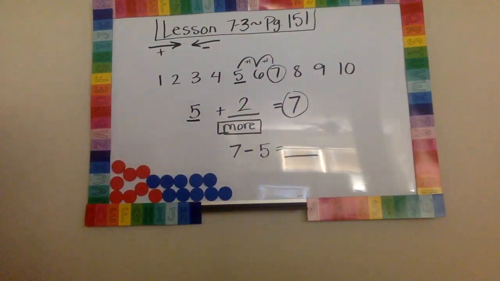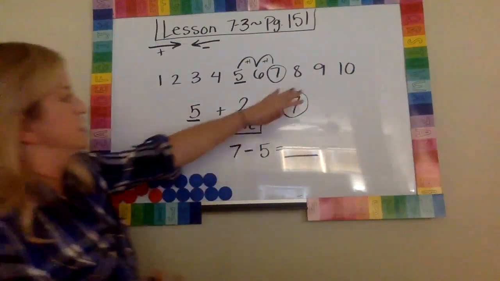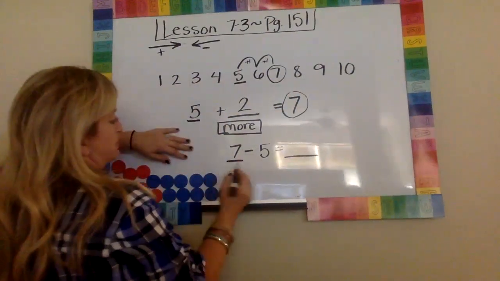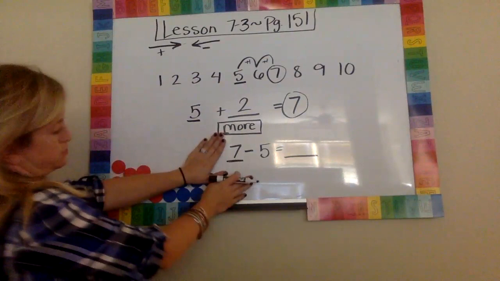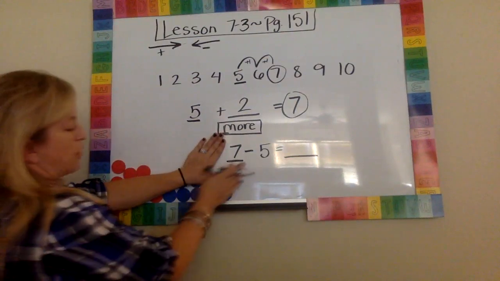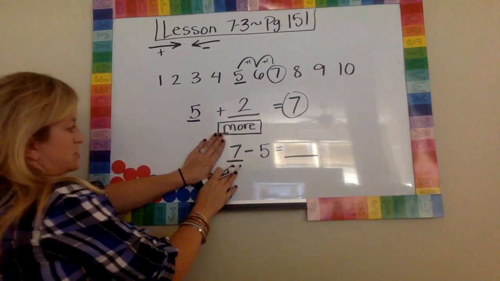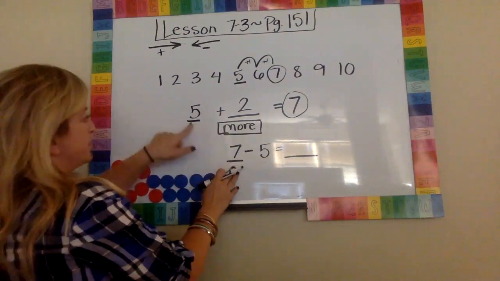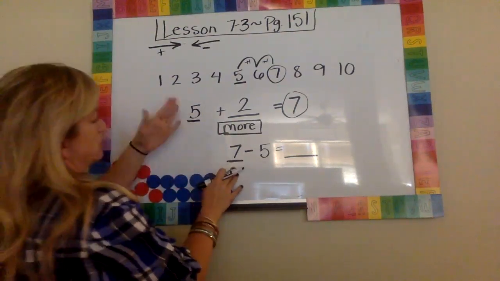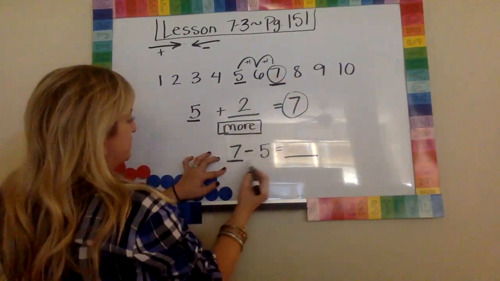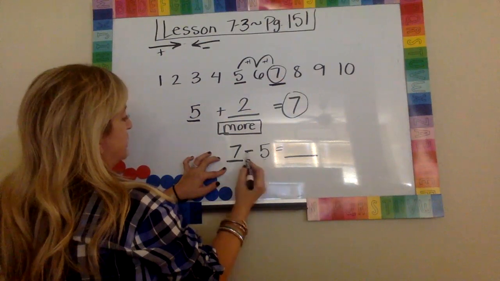Now I'm going to do it the opposite way, and I'm going to do it underneath just so you can see. Here I'm going to start with the biggest number. Remember, a subtraction equation, you always start with what comes first in the equation. So 7 starts it, you're going to start with that. So I'm going to underline 7, and then I'm going to jump back 5 spots.